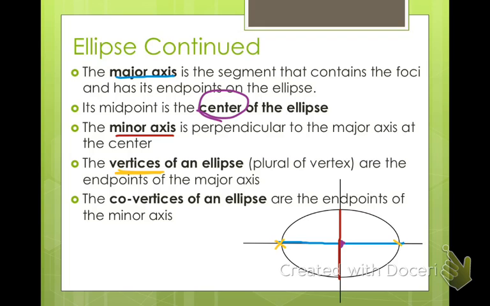This one here and this one here. Those are your vertices. And your co-vertices are the endpoints of your minor axis. And it's not on here, but your foci are also along your major axis here, somewhere in between the center and the vertices. Okay, so that's all the parts of an ellipse.